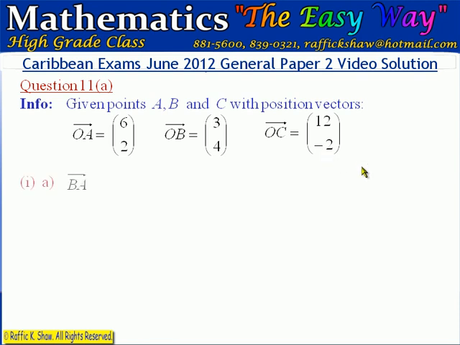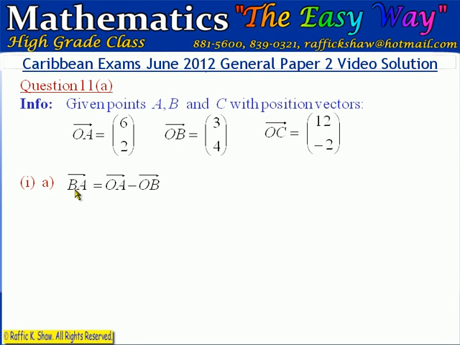Firstly, they're asking us to calculate the displacement vector BA. Now, the displacement vector BA is given by OA minus OB. That's O times the last minus O times the first, A being the last and B being the first.